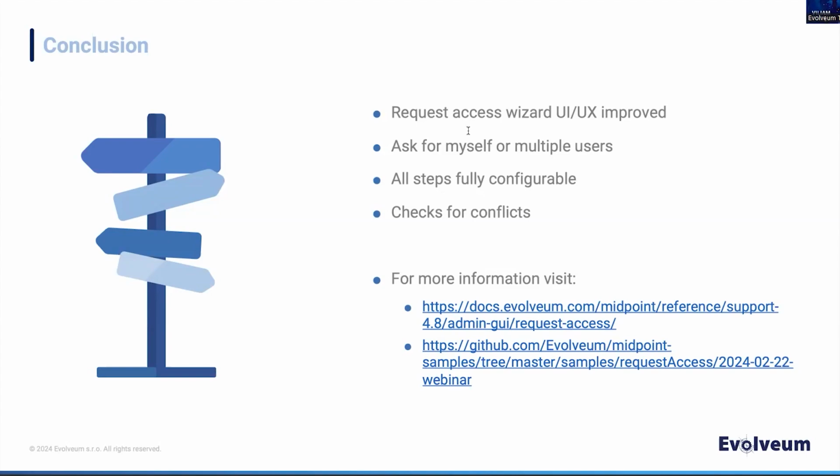We also went through a set of configuration files, mainly related to the request access wizard. And for more information, you can go to our documentation as usual, and also all the samples or configuration objects that were used in this demo were published in our midPoint samples.